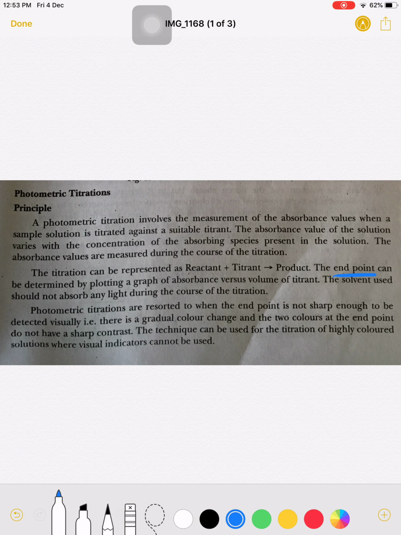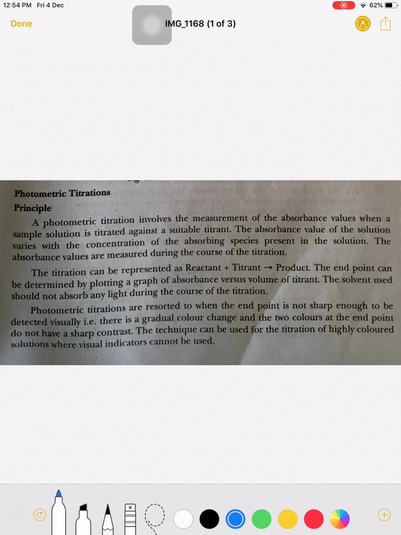The condition is that the solvent which we are using should not absorb any light during the course of titration, because if the solvent absorbs the light radiation, then there is change in the readings for the concentration terms. The photometric titrations are resorted to when the endpoint is not sharp enough to be detected visually.